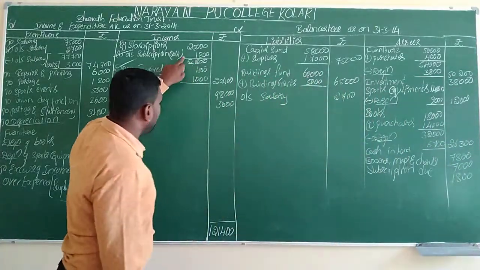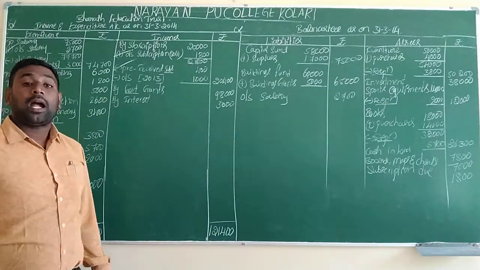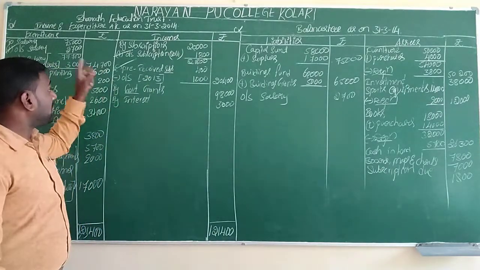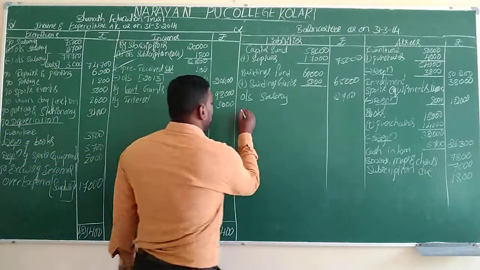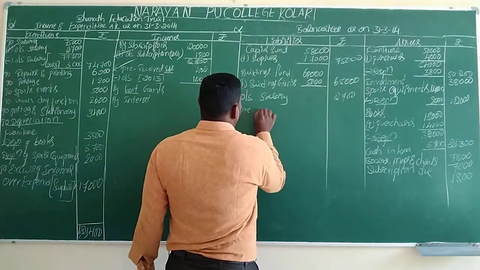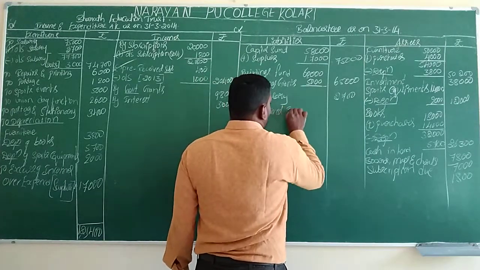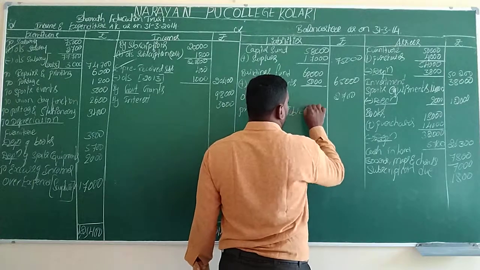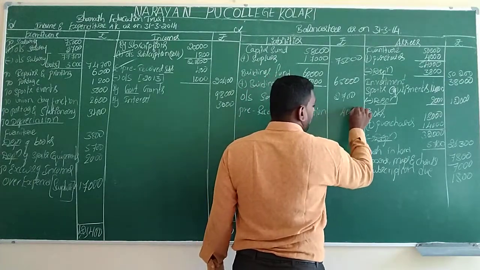Once we should write it as income, and another time on the asset side. Adjustment number 3, pre-received subscription. Once we consider it in the income, minus the same value, that is 400.